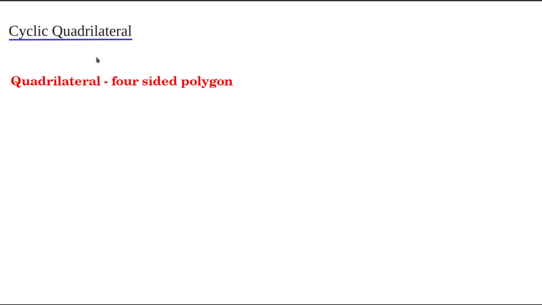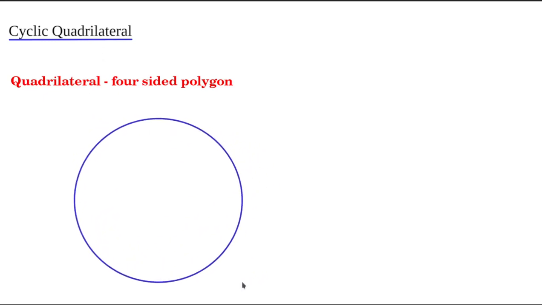Which means that we are going to try to draw a quadrilateral such that all of its 4 vertices are on the circumference of the circle.